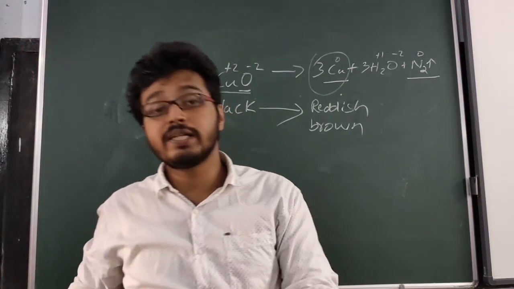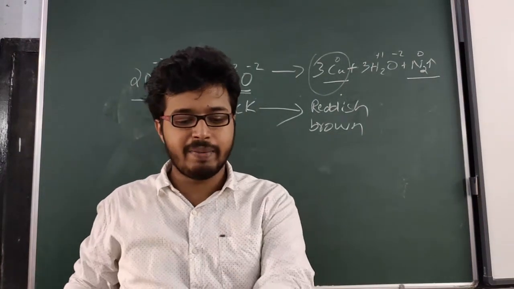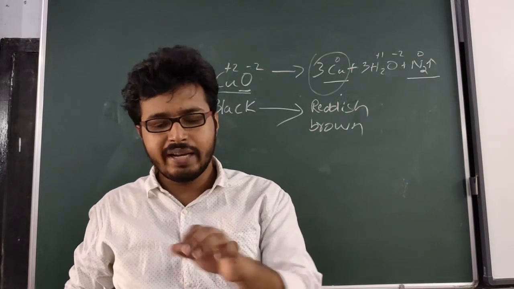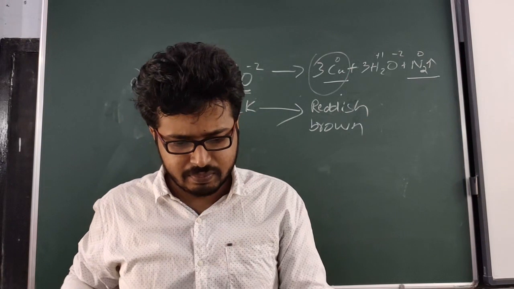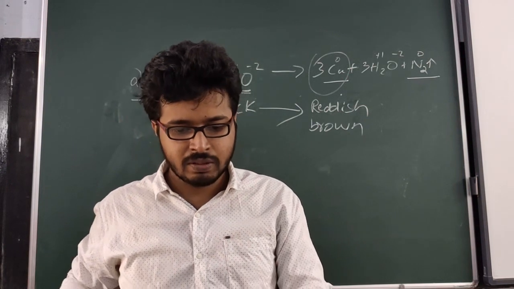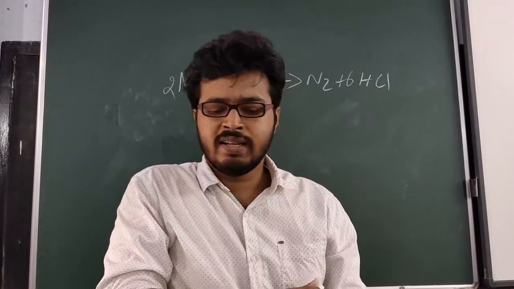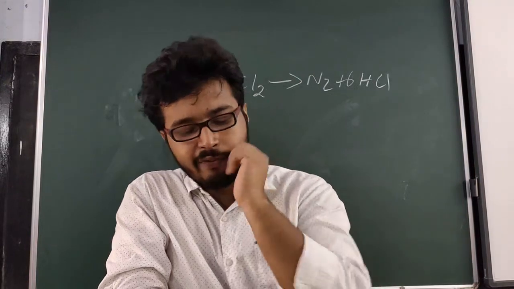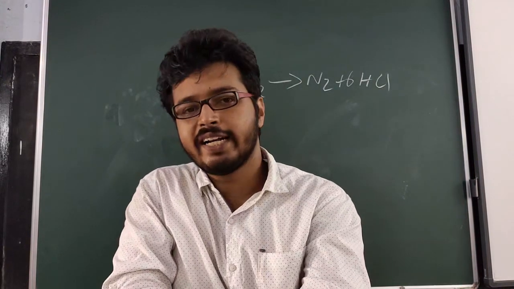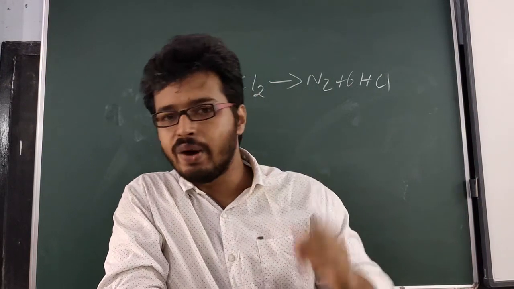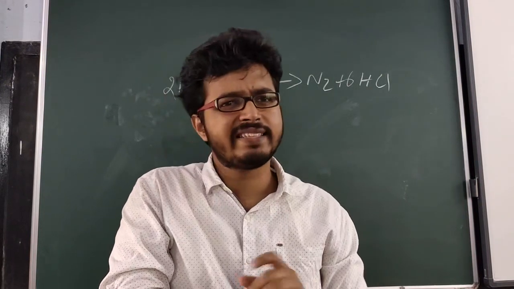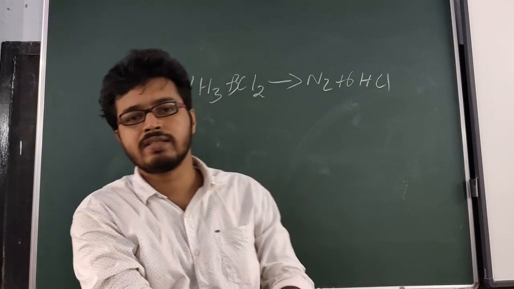So we will be moving to the last part of this chapter, that will be reduction of chlorine to hydrogen chloride. Reduction of chlorine to hydrogen chloride. This is one of the reactions that you are studying in very lower classes, I think maybe in 7th or 6th class.